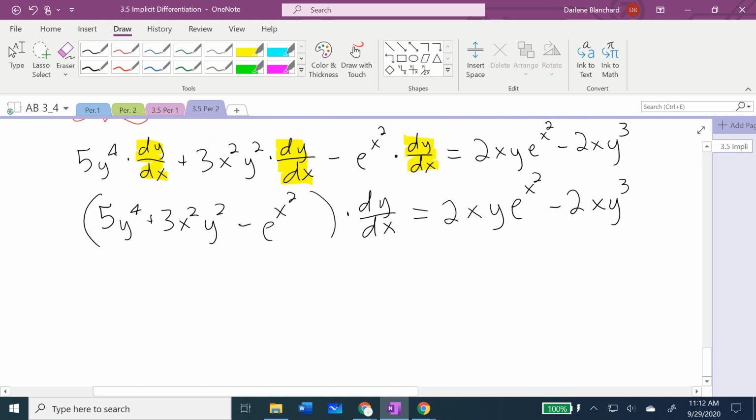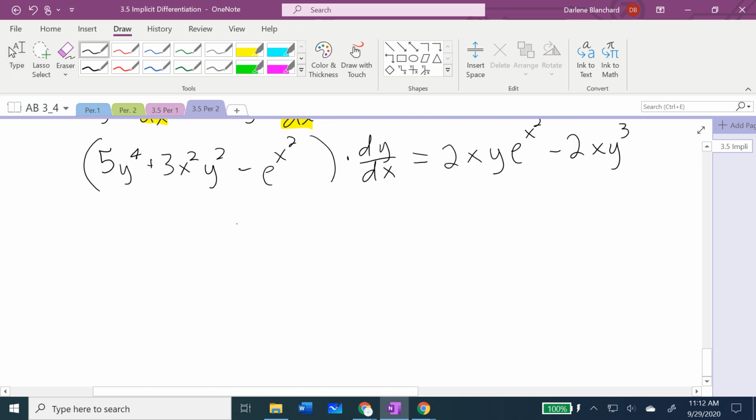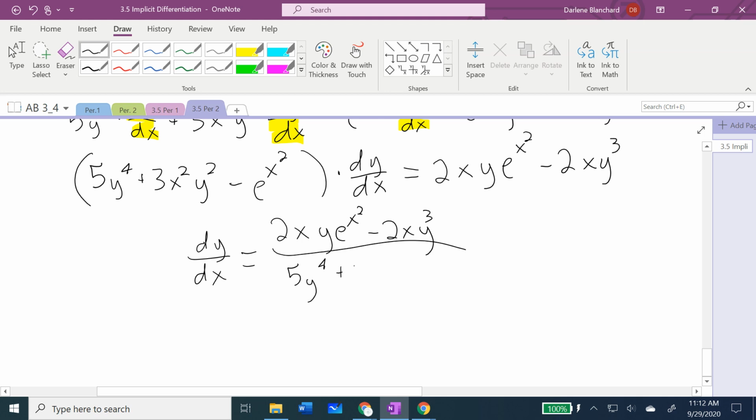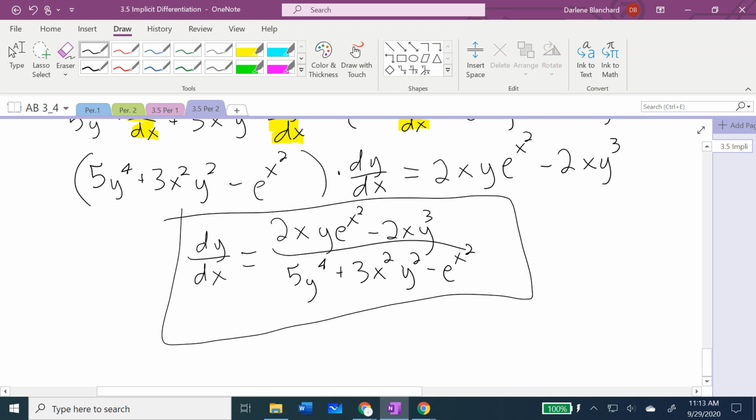And then the last step that I must do to at least isolate dy dx is divide. And then I'm done. I can choose to simplify that if I want.